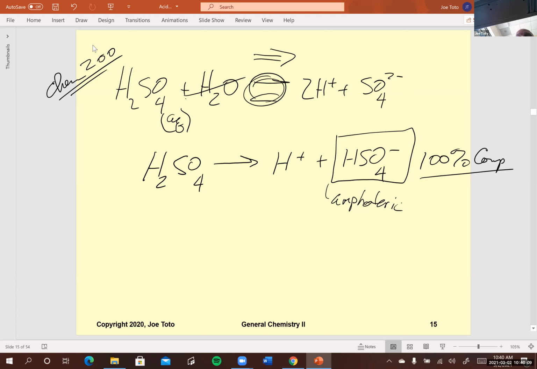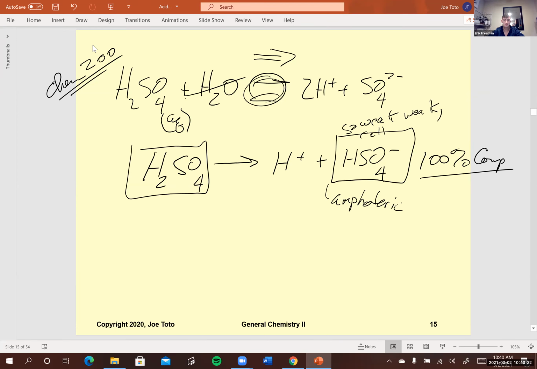It can act as a base if it accepts a proton. But remember, it's the conjugate base of a strong acid. So it's really, really weak, so weak. You know what we call it? A spectator. Yeah, it's called a spectator. So you don't have to worry about it being the conjugate base. It's too weak. It's a spectator. But it can act also as an acid.